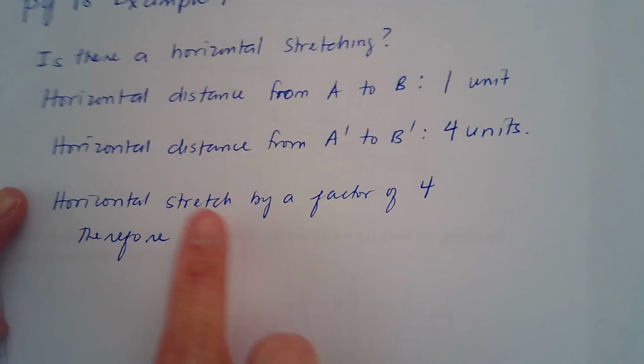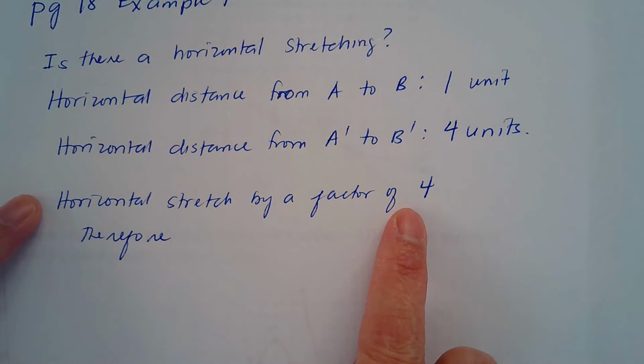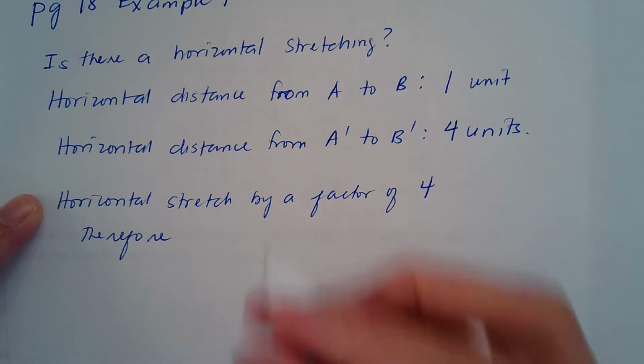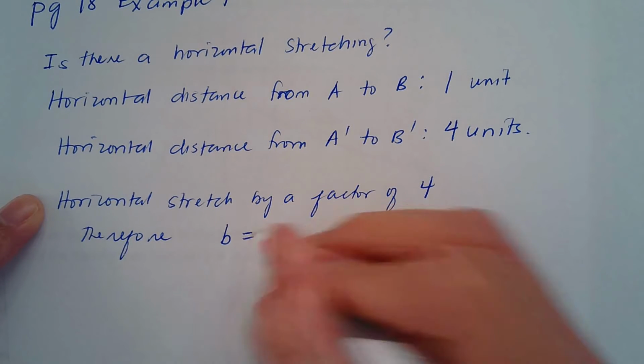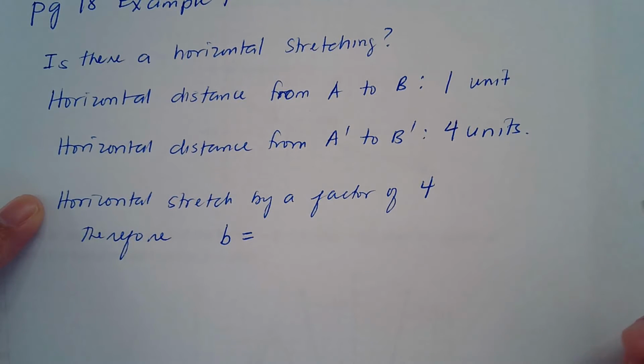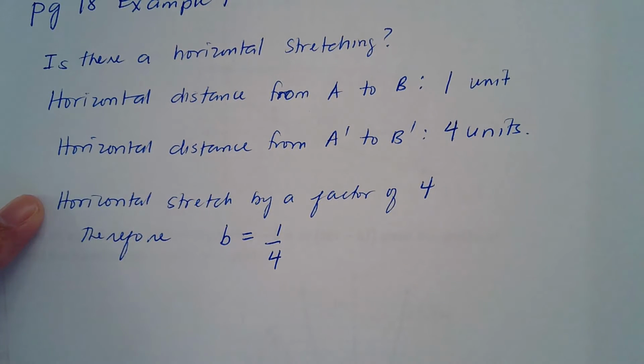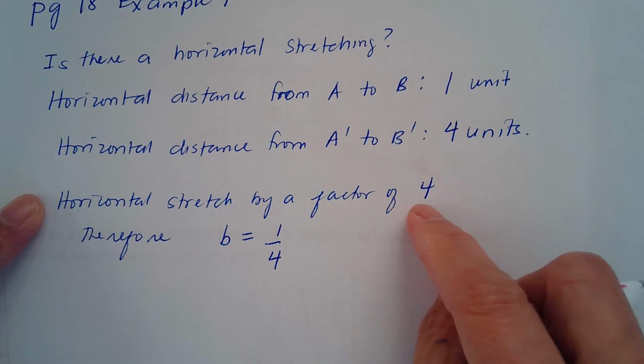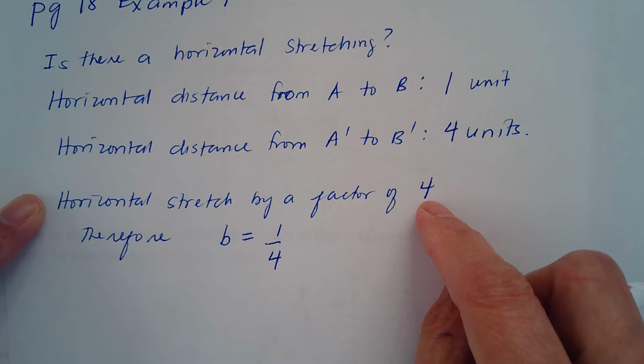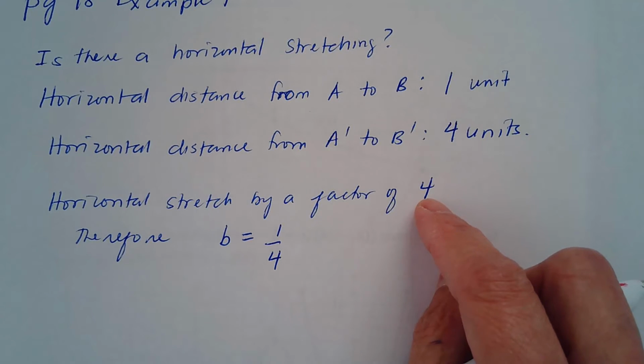Because there's a horizontal stretch by a factor of 4, that means B is equal to 1 over 4. So B is going to be 1/4. Right? The factor is 4 over 1, so B must be 1 over 4.